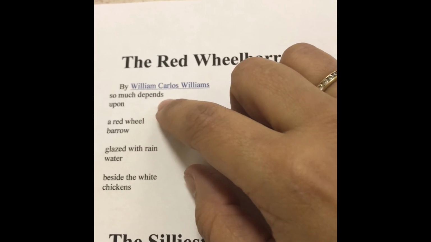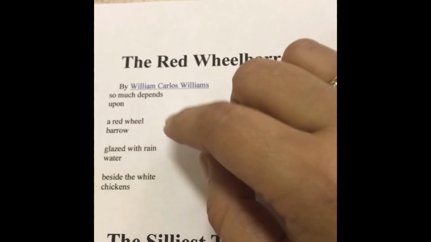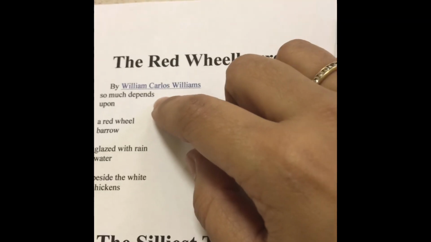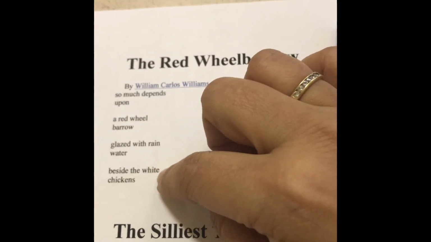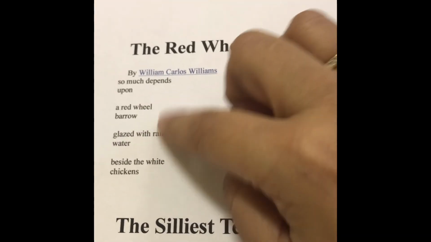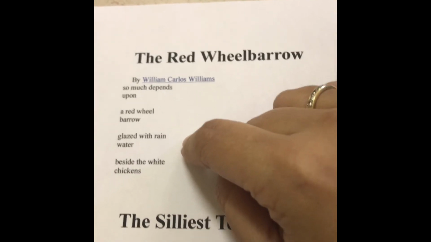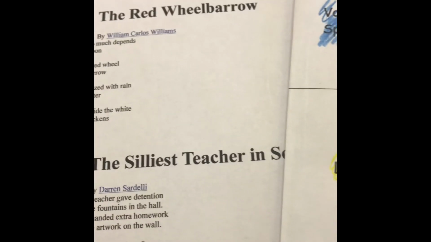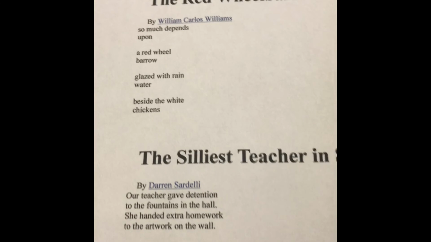if I look at just the words depends, upon, wheel, barrow, rain, water, white, and chickens, nothing rhymes with depends. Upon, the same thing. There's no rhyme scheme or no pattern, right? And that is why I said not every poem has that, and that doesn't mean that it's not a poem.